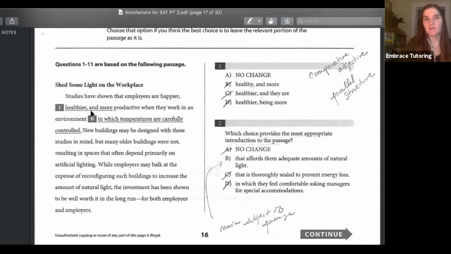So the additional content review that we're doing is talking about grammar and writing concepts. If you don't remember what these terms technically mean, that's fine.